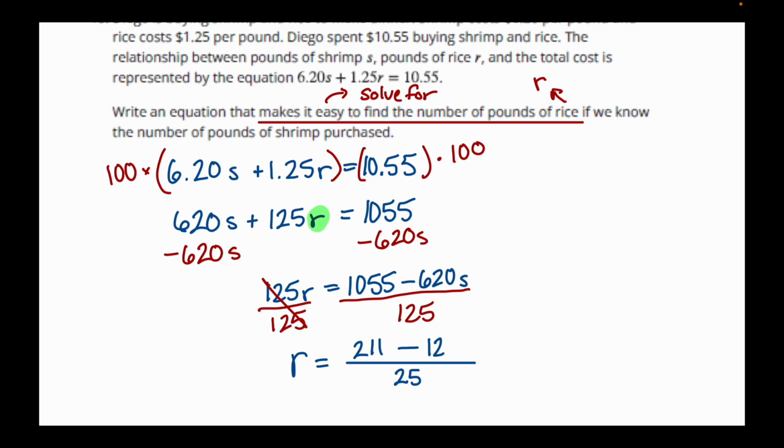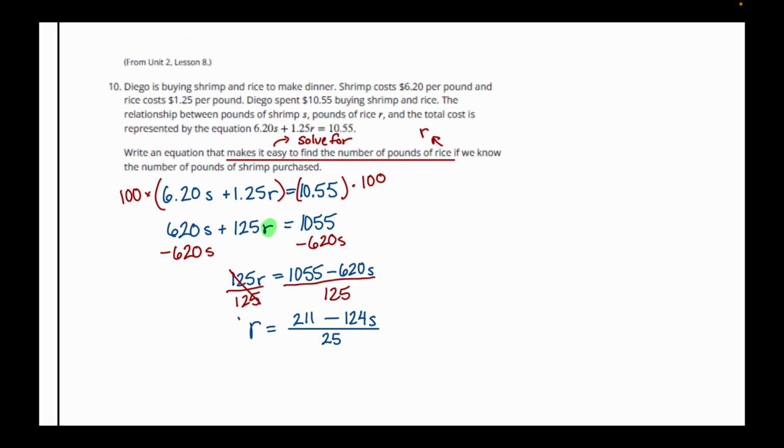So R equals (211 minus 124S) over 25. You could maybe have 2.11 instead. And that cut right through my equation. I don't want that. I want it to go up here. And like that. There we go.